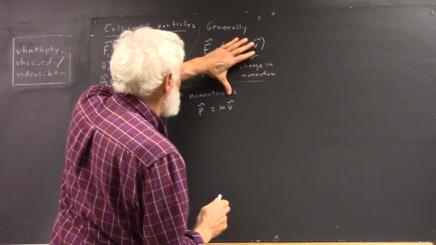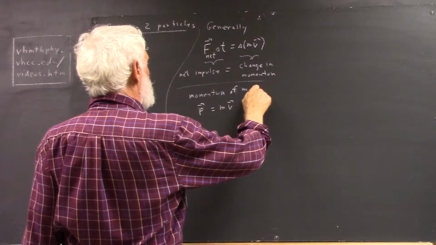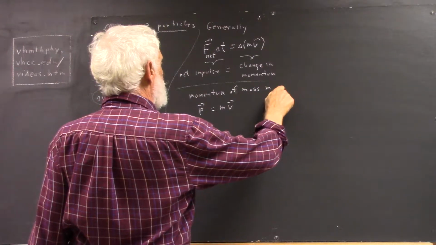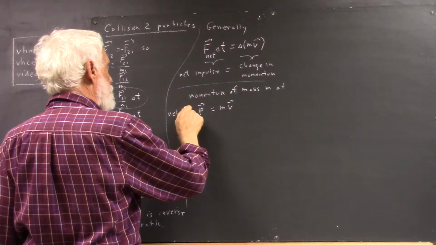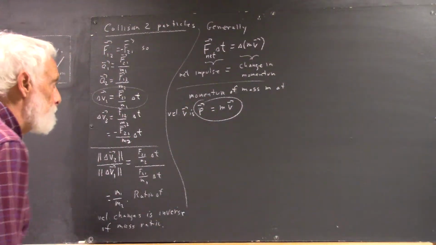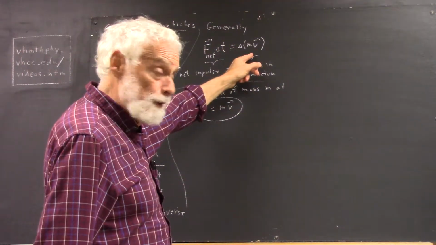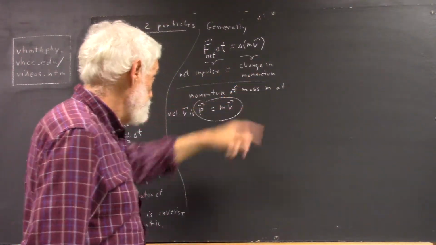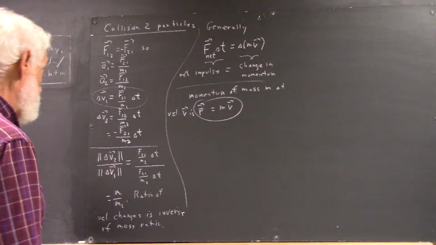And let's be more specific. The momentum of mass m at velocity v is this. So now we understand how this is an expression. It can be expressed as net impulse equals change in momentum.